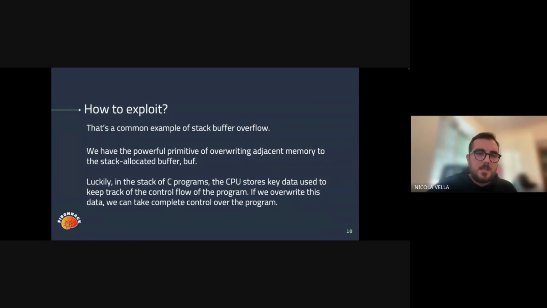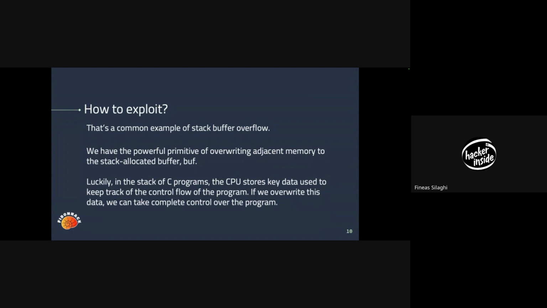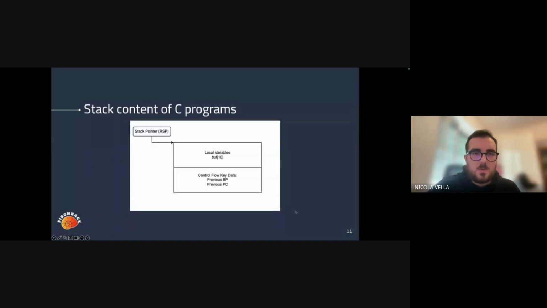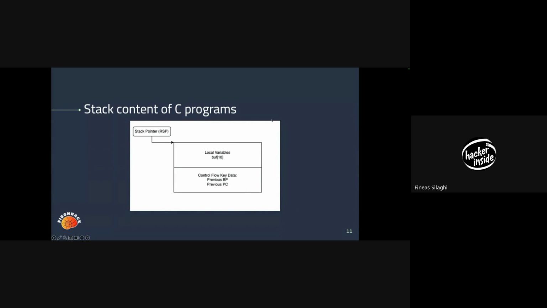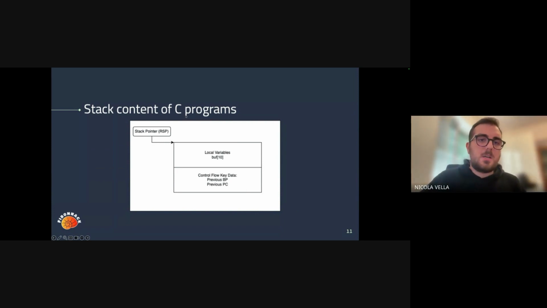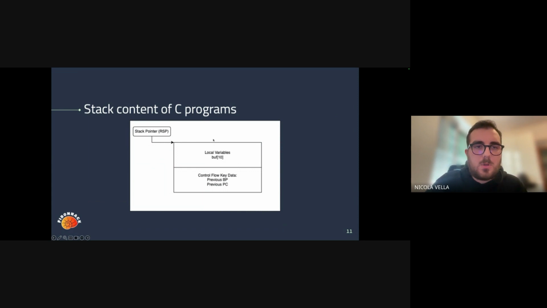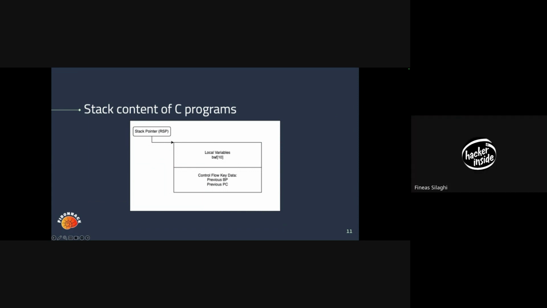And luckily, in the stack of C programs, the CPU stores data that is used to control the control flow of the program. Let's take a look. So that's the stack content of the say-hello function. We have the local variables, which is only buff with length 10.